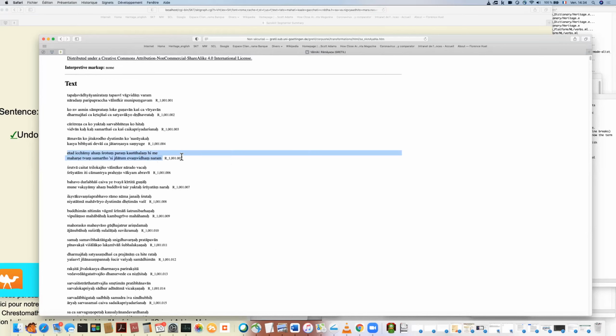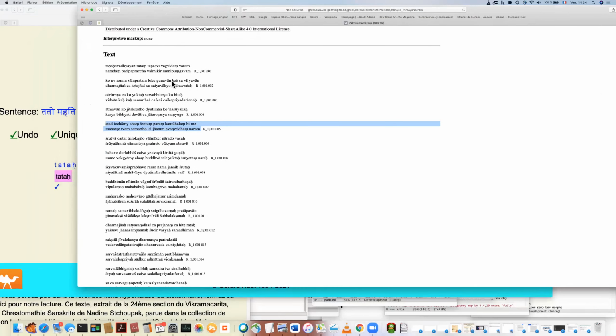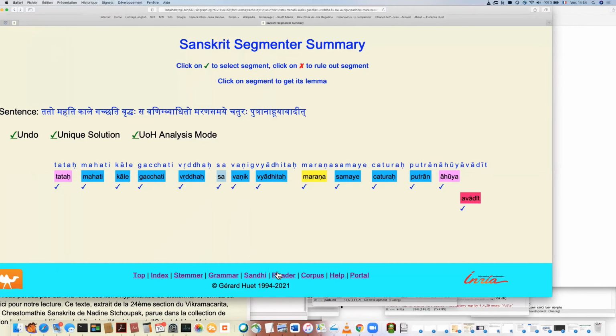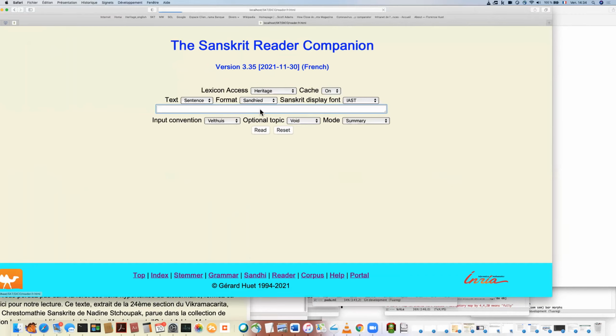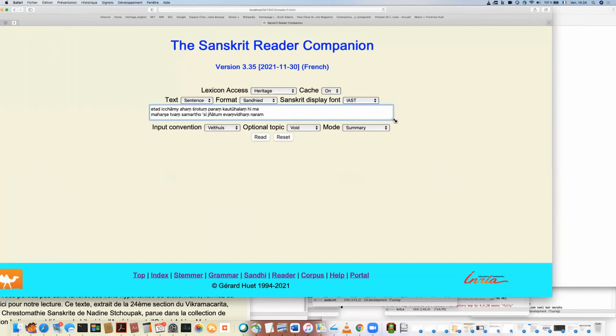So you can click and take the sentence. And now in the reader, you input the sentence. I've not tried this before.